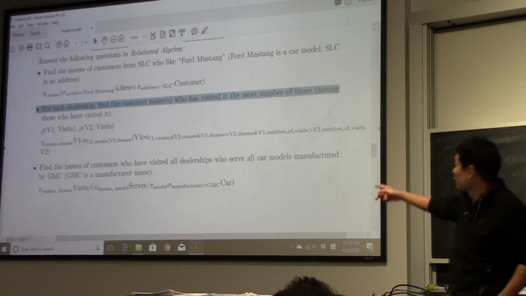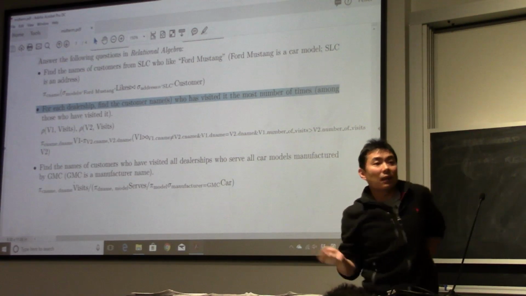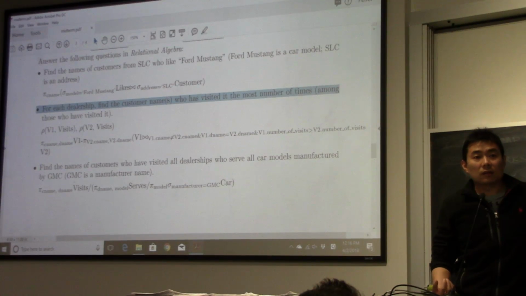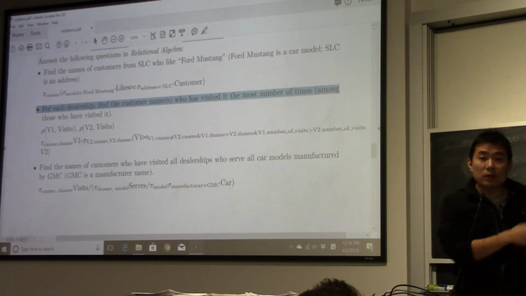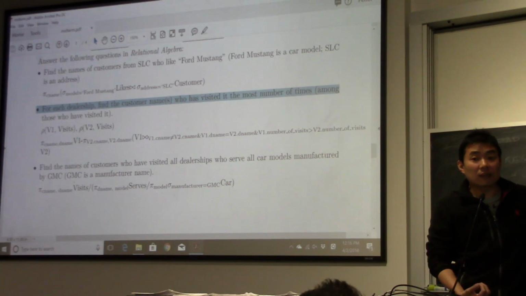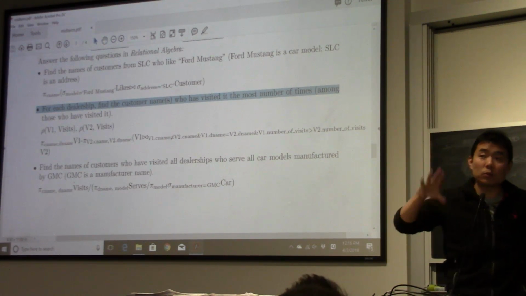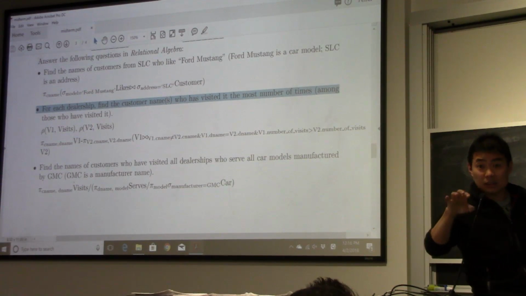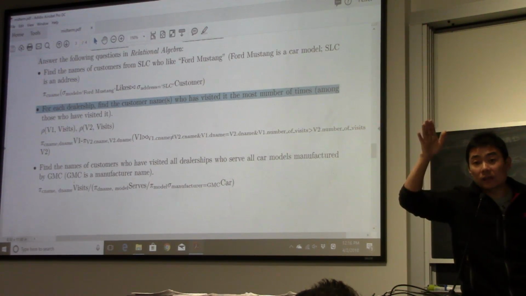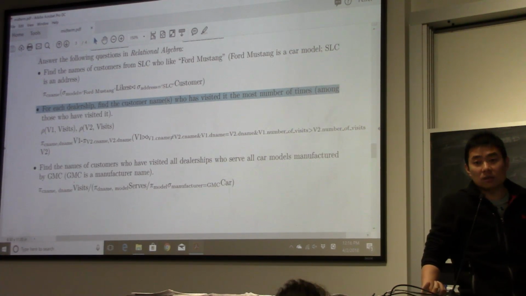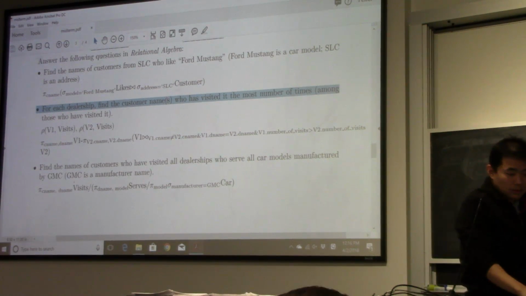Because all you're saying is one has a larger number of visits than the other one, and I put out those smaller ones for that dealership. But when you put away the dealership, only having the customer makes no sense anymore, because those are the customers who have a smaller number of visits to that dealership. When you put away the dealership association, the customer name alone doesn't give you much semantic meaning in this context.